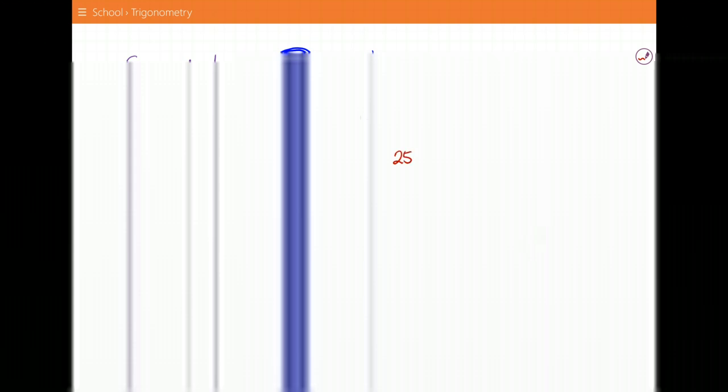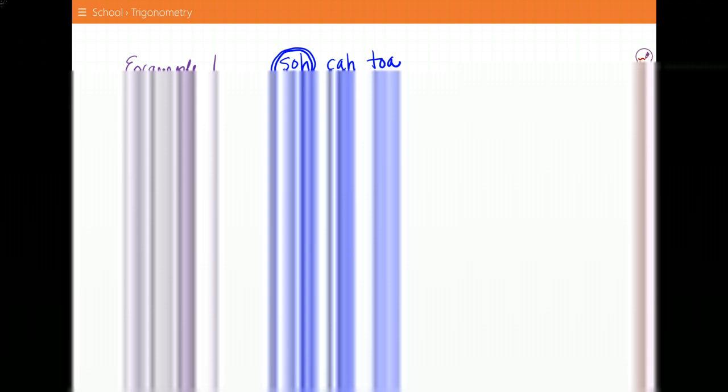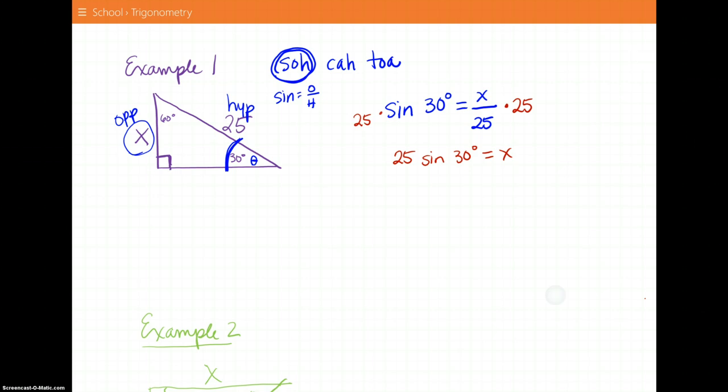So I have 25 sine 30 degrees. This is multiplication. They don't usually write the little multiplication symbol between there. Just writing it right next to it means multiply. And that's going to equal x. So the last step is to punch this in my calculator and see what I get.